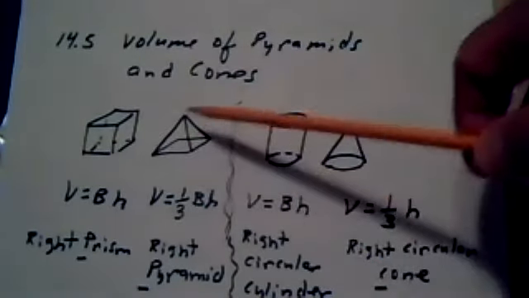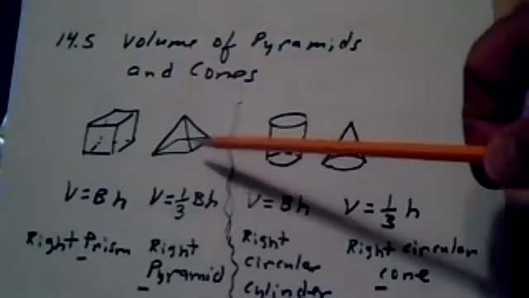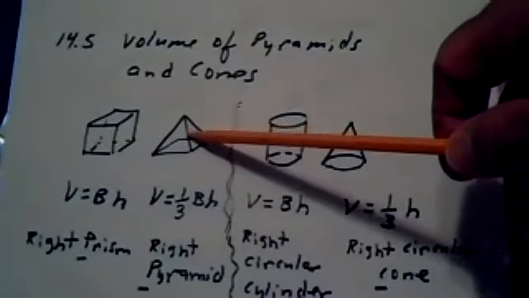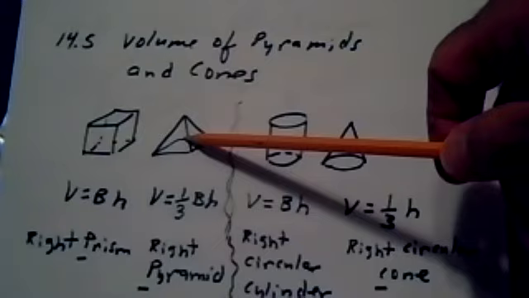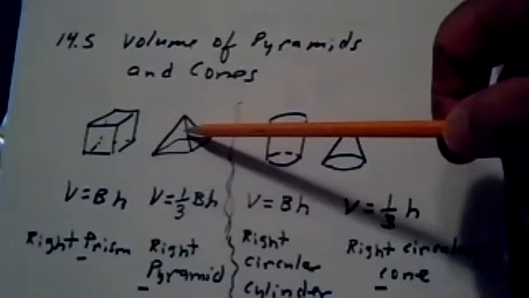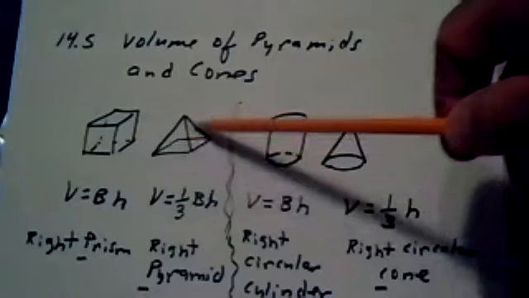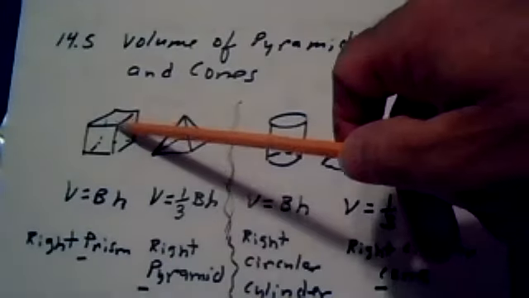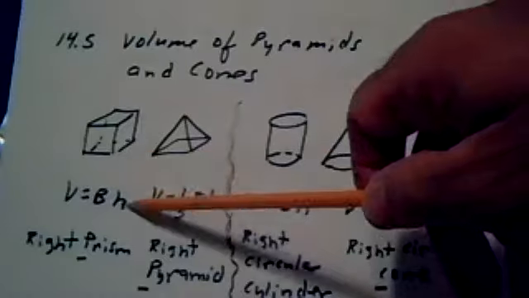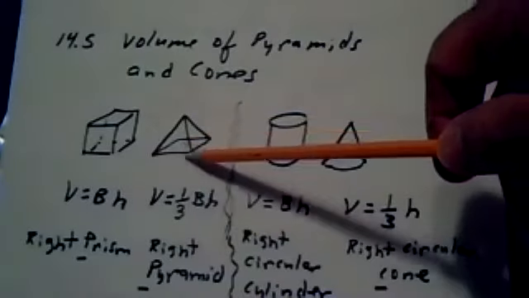If you had a hands-on activity and these were figures you had, you could fill this with water, and since this is 1/3 of this, 3 of these filled with water would fill 1 of these. So this one would be V equals BH, and this is a third. 3 of these makes 1 of these.